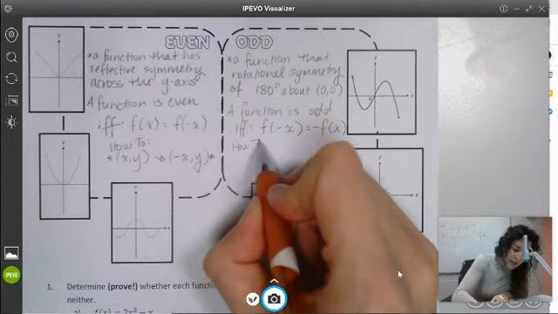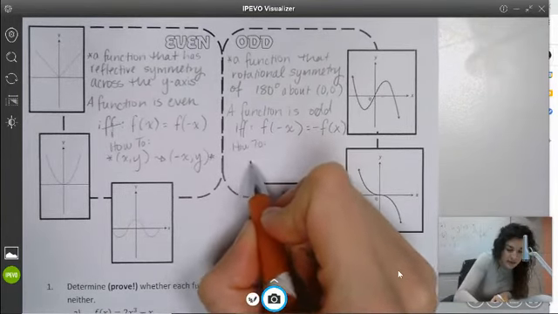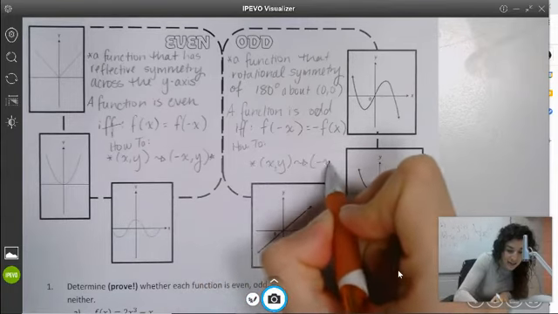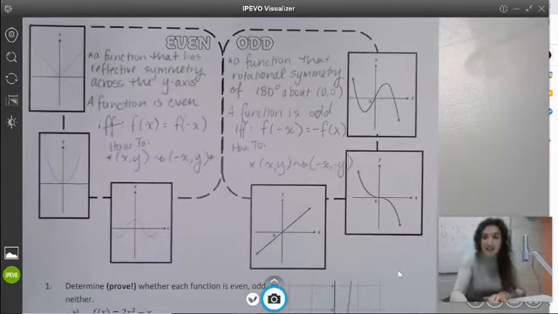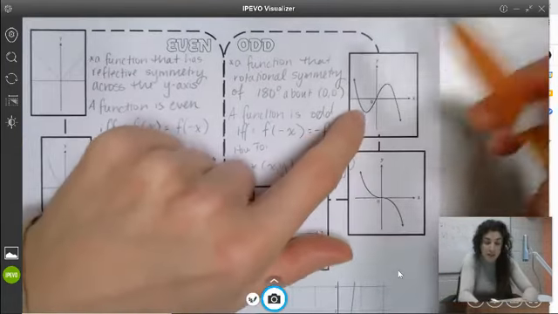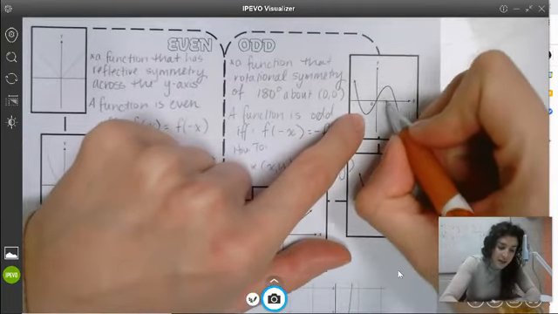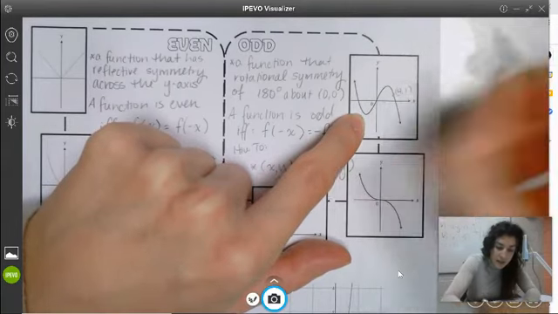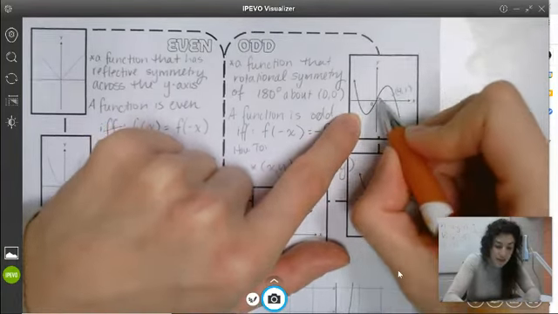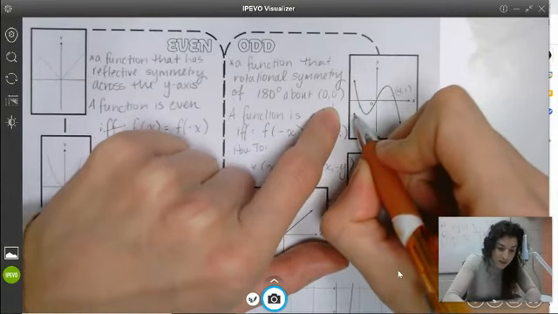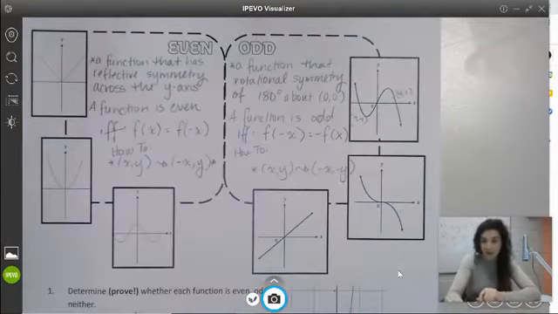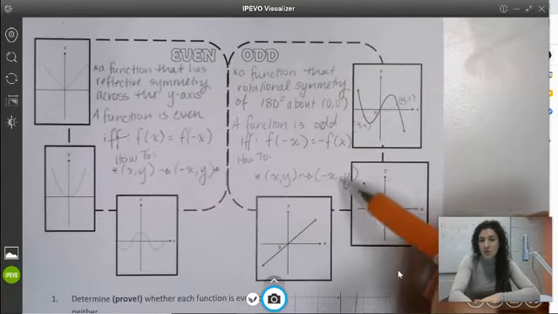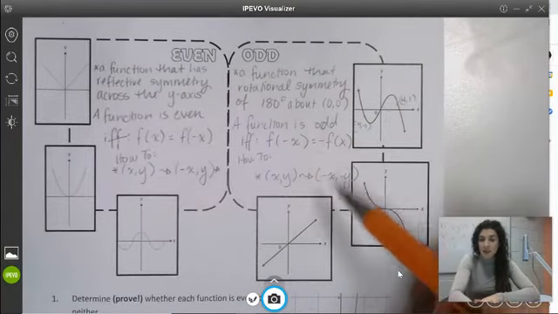So your how-to is, if you have x, y, then you definitely have negative x, negative y. We can think about it visually on the graph: if we have 4, 1, then we would have negative 4, negative 1 in our graph.